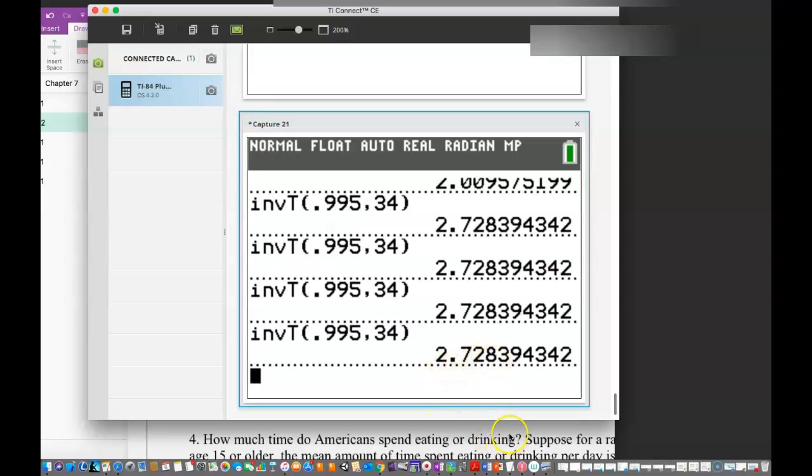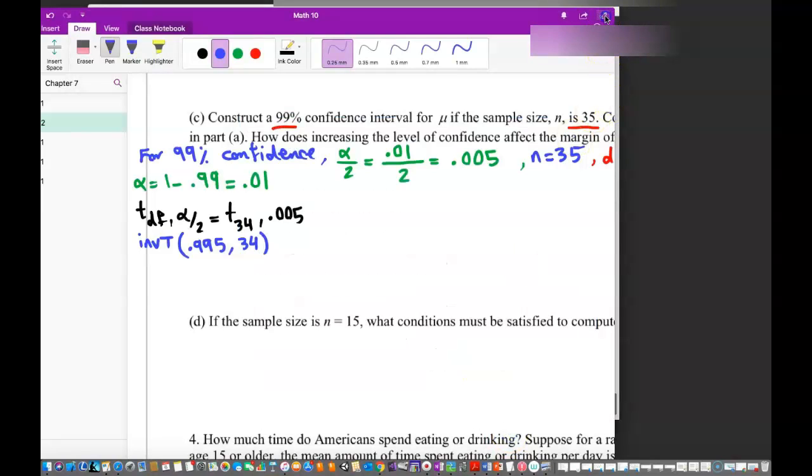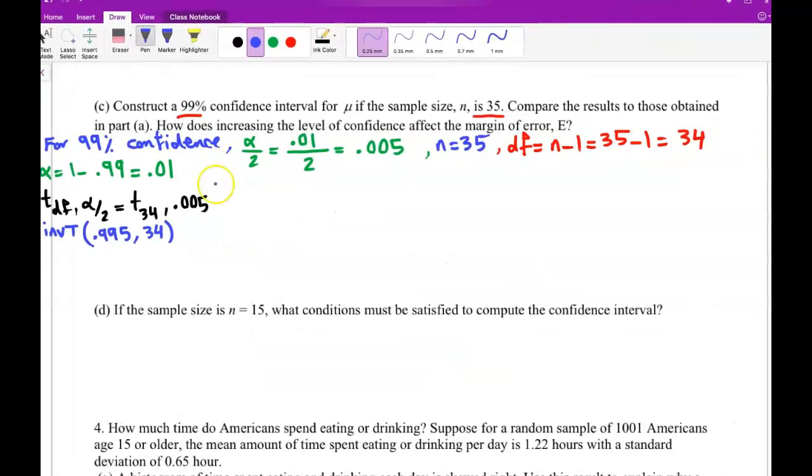So I'm rounding that to 3 decimal places. So 2.728. So what that means, the answer for this part is exactly the same. So the answer is 2.728.